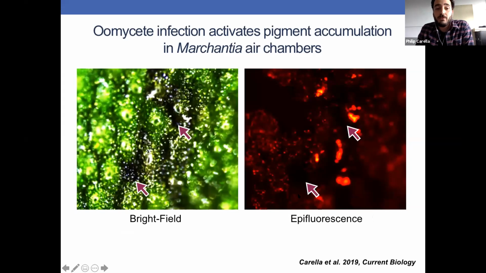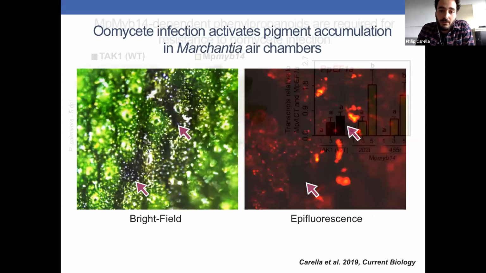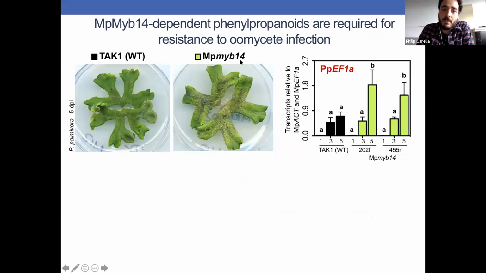But to be more sure about this, we took a closer look. So we used MIB14 mutants that were generated by Hiroyoshi Kubo's lab. We compared infection profiles of the MIB mutants to the wild type plants. We characterized how the pathogen was growing by qRT-PCR, and we saw in 2 independent knockouts of MIB14 that pathogen biomass was really accumulating here.